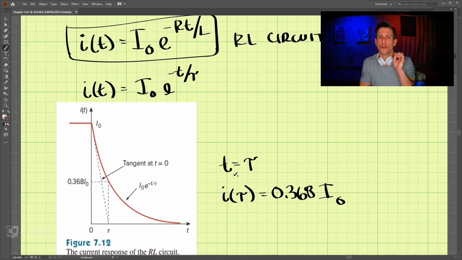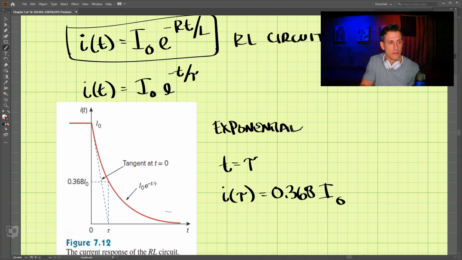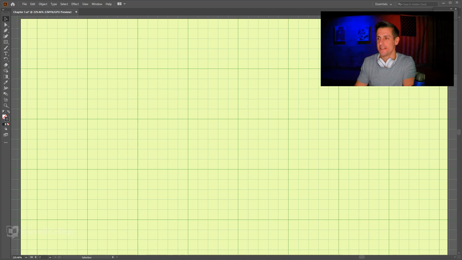So it looks very similar to the RC circuit in terms of its decay. This is what we call a decaying function, exponentially decaying.